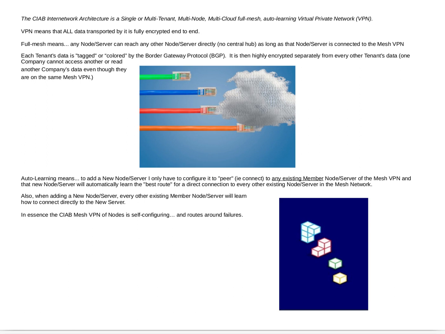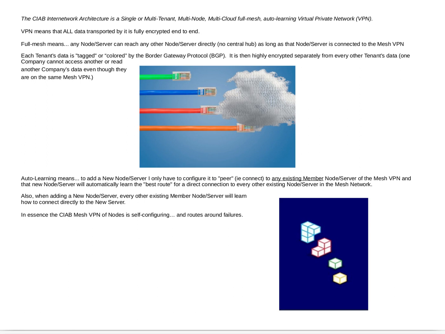It also includes FRR, Free Range Routing, a Linux router application, use of BGP and BGP VRFs, virtual route forwarding, and also VXLAN. The VPN means that all data transported throughout this architecture is fully encrypted end-to-end.